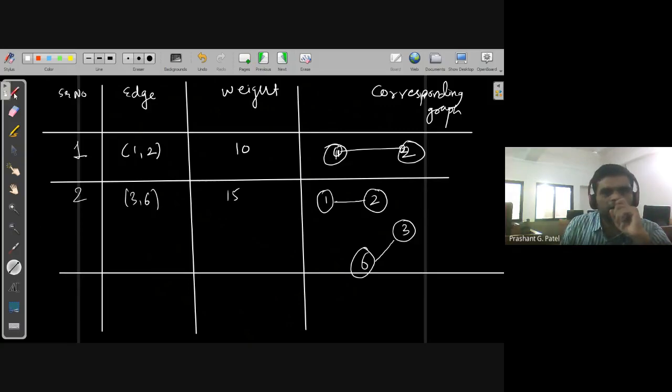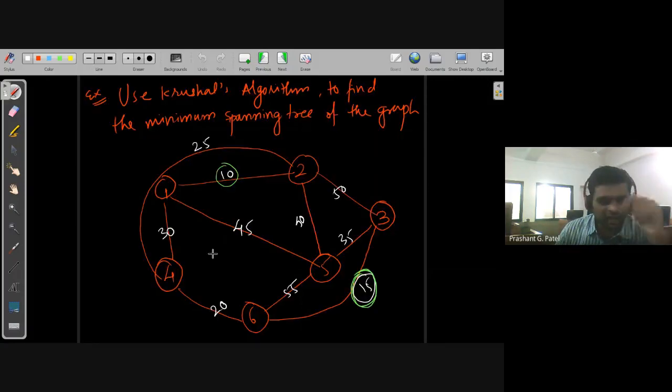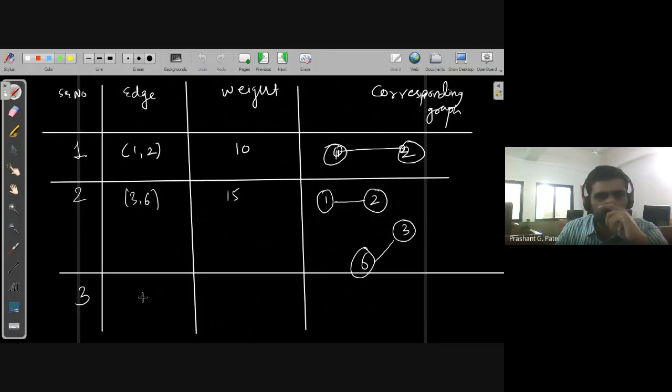Next, in the third number, we have to select an edge next minimum to that. The next minimum is 20, this edge, and it will not form a cycle with these two edges which we have selected. So that's why here the edge is 4, 6. What is the weight of that?